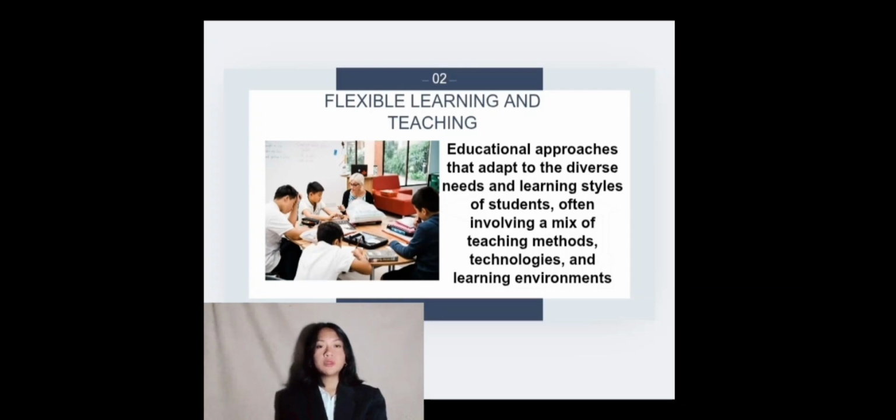Flexible learning allows students to learn at their own pace and in ways that best suit their individual needs. It often involves blended learning, combining online and in-person instruction, sometimes personalized learning and self-directed learning.